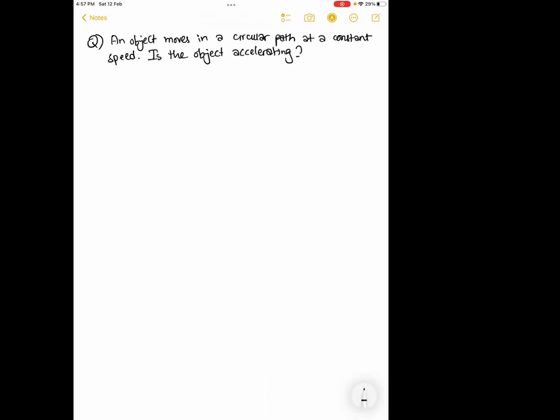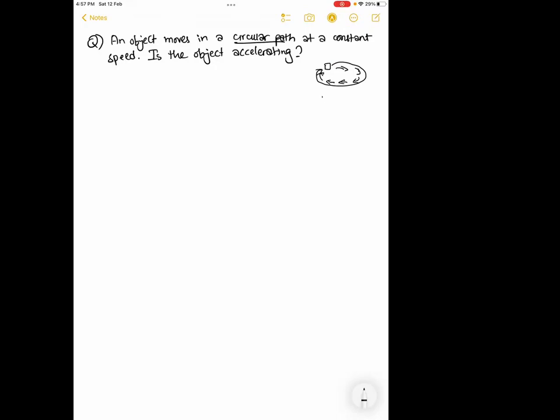So an object is moving on a circular path and it has a constant speed. Is it accelerating? But it isn't accelerating, right? Yeah, that's the thing. For circular motion, just imagine this object moving like this. At every turn, it's changing its direction, right?